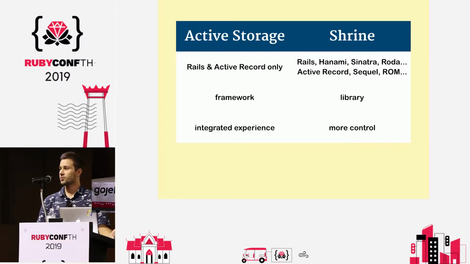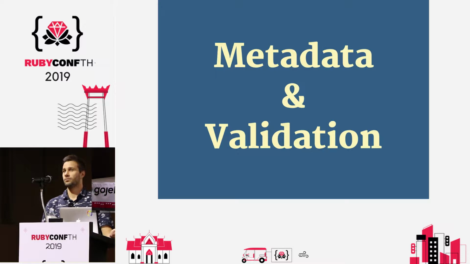Active Storage is also more of a framework, while Shrine is more of a library. So with Active Storage, you will get a more integrated experience, but with Shrine, you will get much more control. And Active Storage will be more opinionated, while Shrine will provide much more features. So with that in mind, I hope we can start.